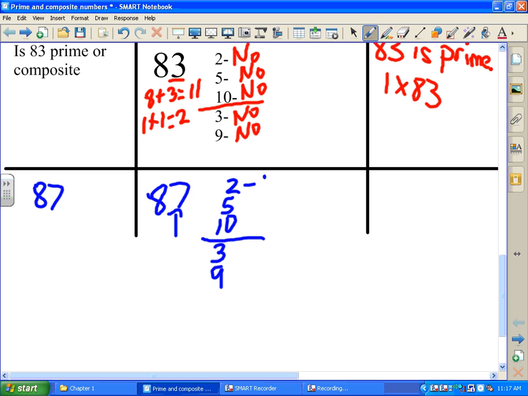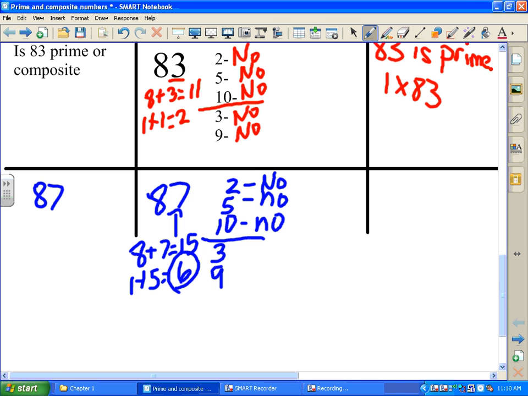No. So this is a no on 2. Is it 0 or 5? So it's a no and a no. Now, for 3 and 9, I have to take the digits. What's 8 plus 7? 15. What's 1 plus 5? 6. Is this a 3, 6, or 9? Yes. So this is a yes. Is it a 9? No. So it's a no.